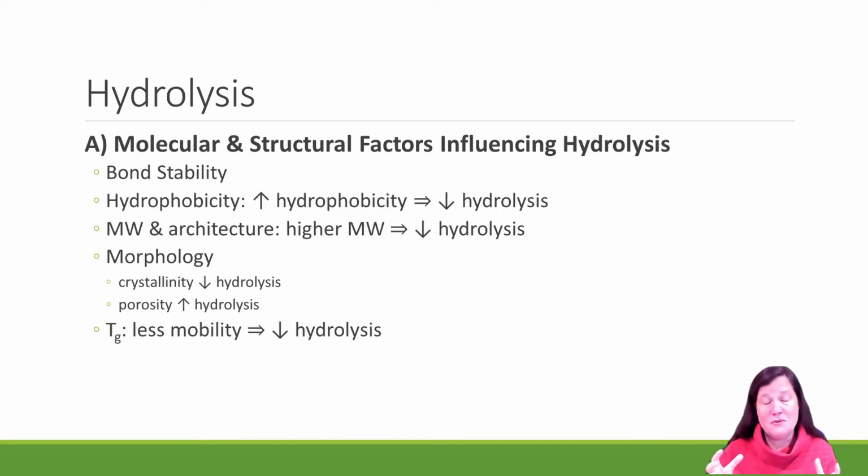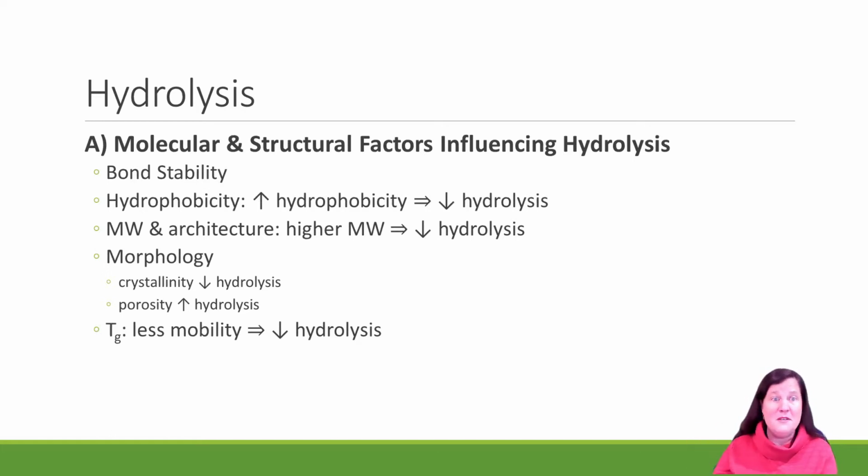If the material is really hydrophobic, it's not going to degrade as fast because the water's not going to diffuse and be in intimate contact with that bond. It's going to inhibit degradation. In contrast, if it's very hydrophilic, it will degrade more quickly because the water is right there and it can get to the bond that's going to be degraded.